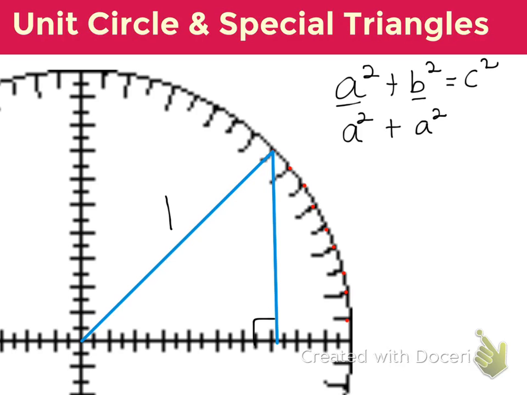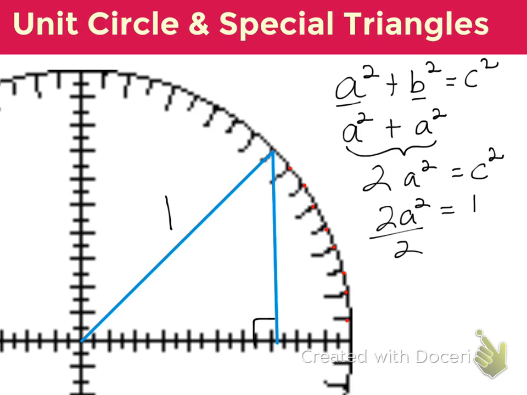So I'm going to write them like that, and then I actually can combine those terms, and that will be 2a squared equals c squared. So now I know the measure of my hypotenuse. I'm going to set that equal to this new formula that I have. Ta-da! I'm going to divide both sides by 2.